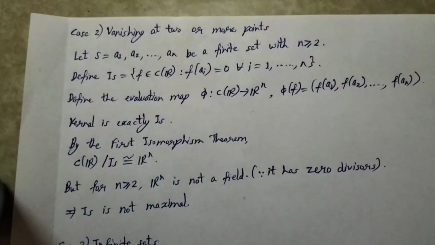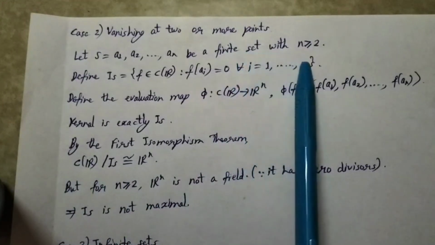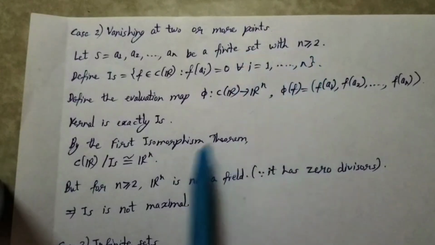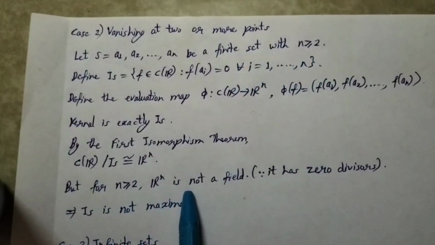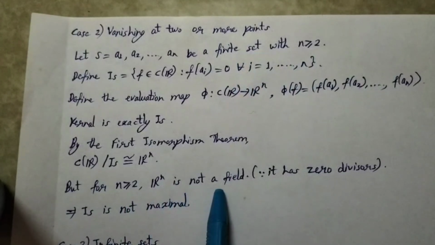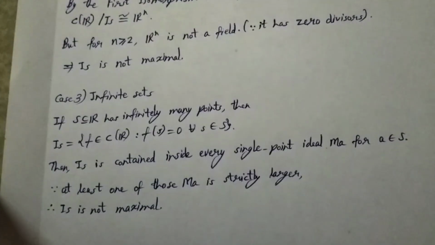But we have said that it is a finite set with n greater than or equal to 2. So for n greater than or equal to 2, R^n cannot be a field because it has zero divisors in it. And that's why we can conclude that I_S is also not a maximal ideal. Now in case 3, let's talk about infinite sets.